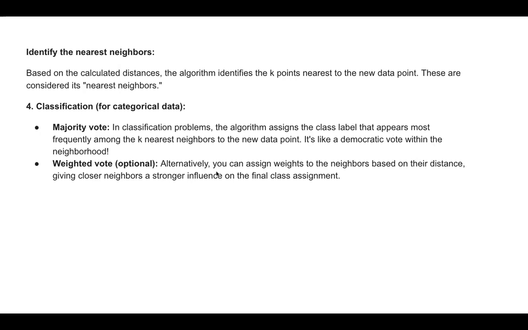And then you can even have a weighted vote, where you assign weights to the neighbors based on their distance, and whichever has the highest vote wins, which means it classifies it as that. Like whether it's spam or not spam, a rose or a tulip, what it is.